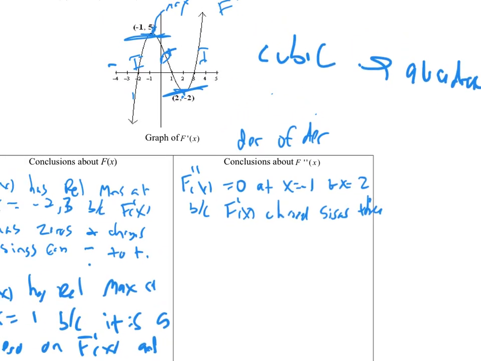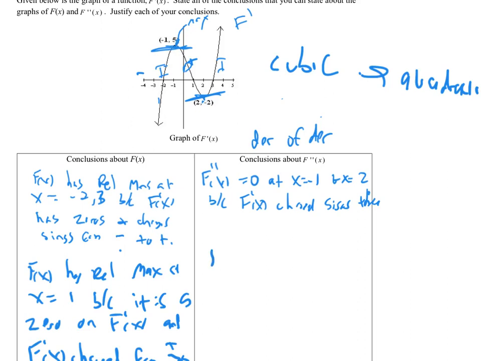Back to this one. Let's talk about where f prime of x is less than 0. The derivative is less than 0 all the way till I get to this, and then all the way from this one here, just like we did the other problem, because f prime is increasing.